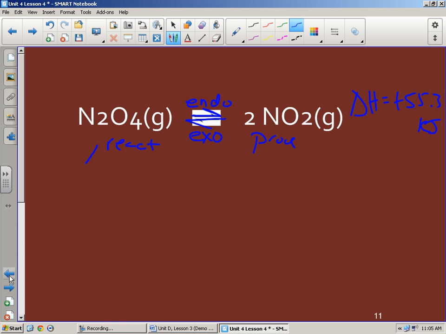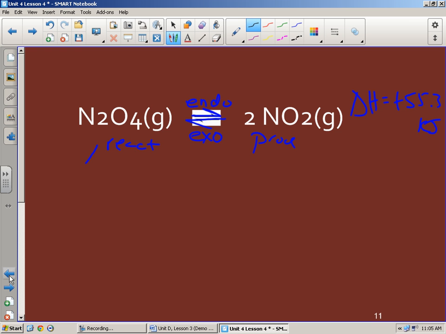So which reaction is favored in this case, forwards or reverse? I'm heating it up, I need to cool it down. Forwards, because that's the endothermic one. So if I'm heating it up, it's trying to cool back down.